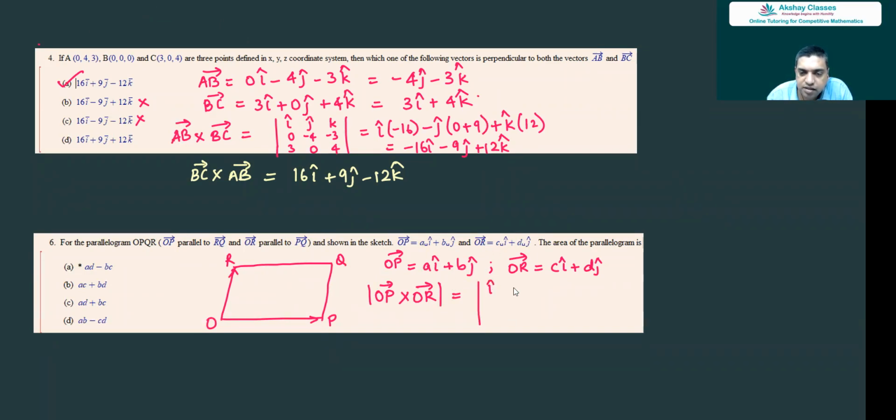All right, IJK, A B 0 C D 0. So I times 0, J times 0, and K times AD minus BC. K gap modulus. We get AD minus BC. So AD minus BC is the answer.